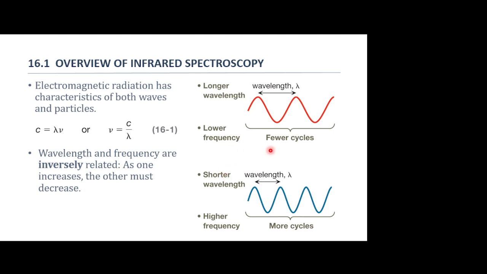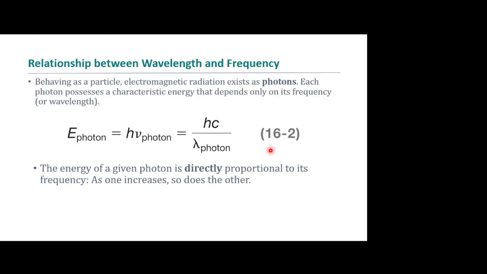Longer wavelengths means fewer times you pass a given point in a second. Does anybody know how this relates to energy? More wavelengths, more energy. So the energy of a photon, or the energy of light, given one single particle of light, if you will, which is referred to as a photon, is going to be Planck's constant times the frequency of that photon, or the frequency of that light.